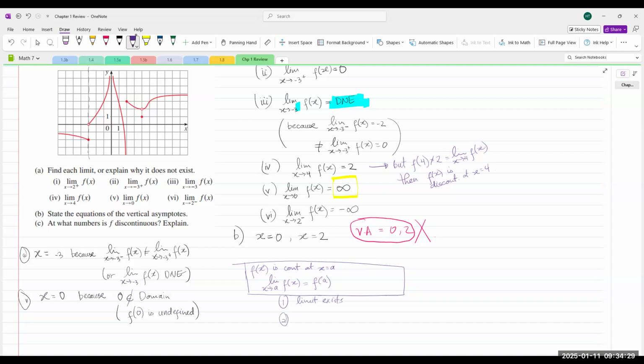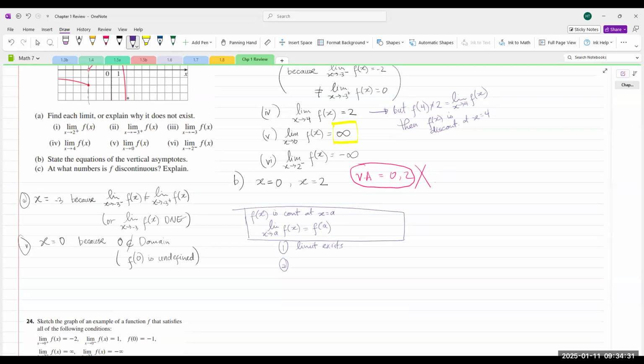Second, a is in the domain of the function, so that f(a) is well defined. The third one is they are equal. So a function may not be continuous at x equals a if any one of these fail.